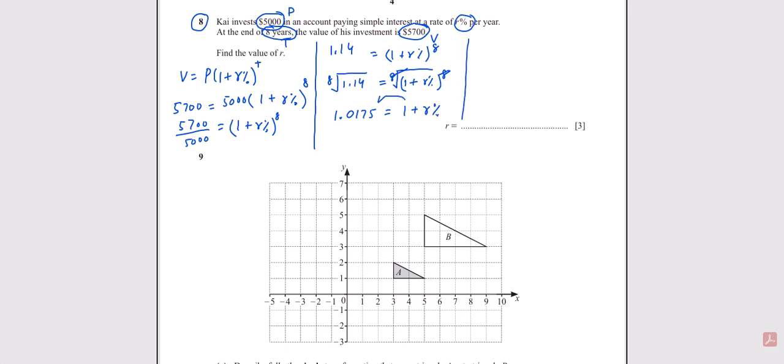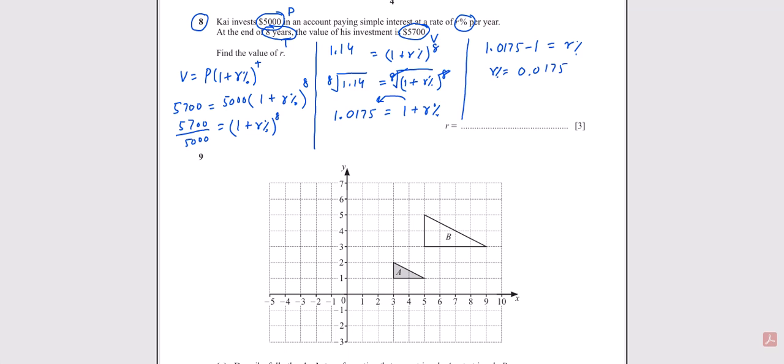So this one shifts to this side. 1.0175 minus 1 is equal to r percentage. So r percentage is equal to 0.0175.